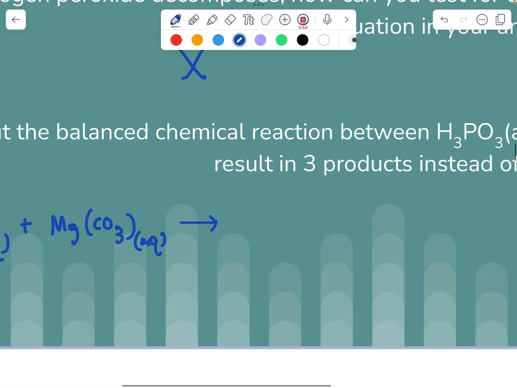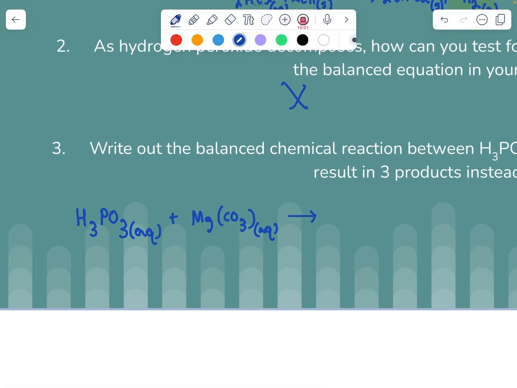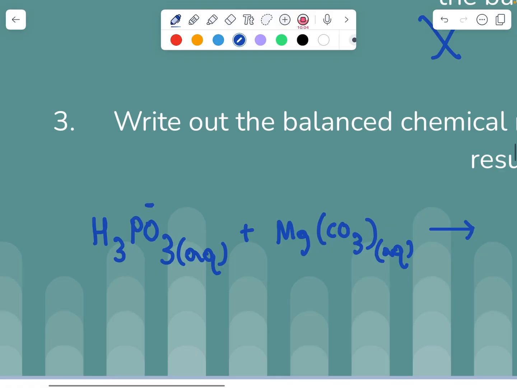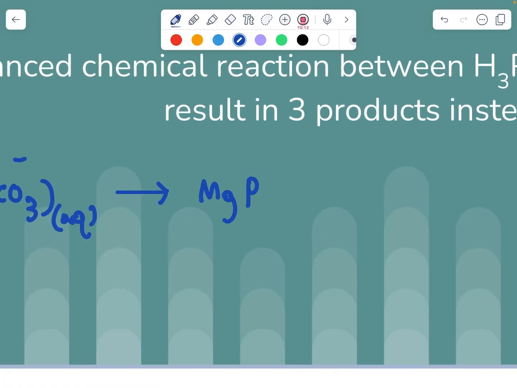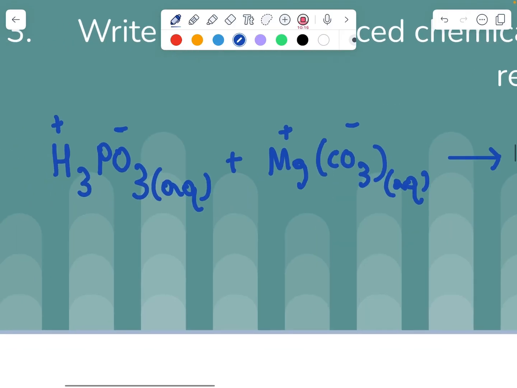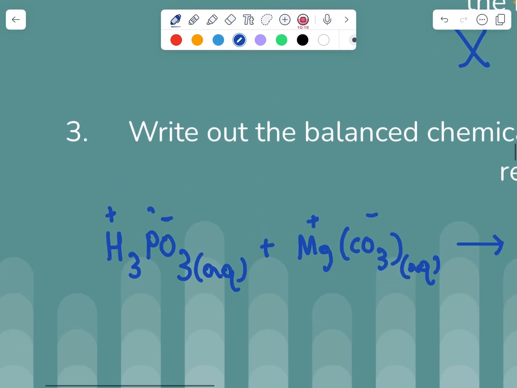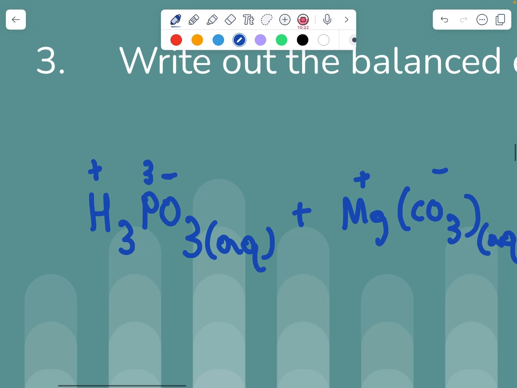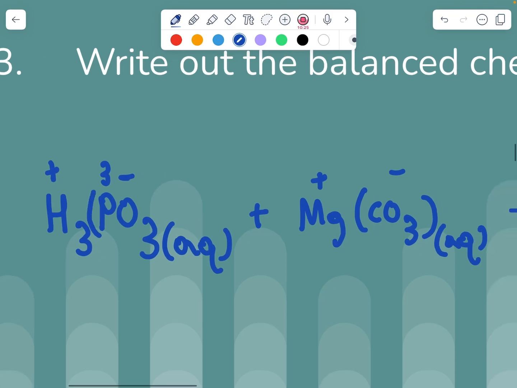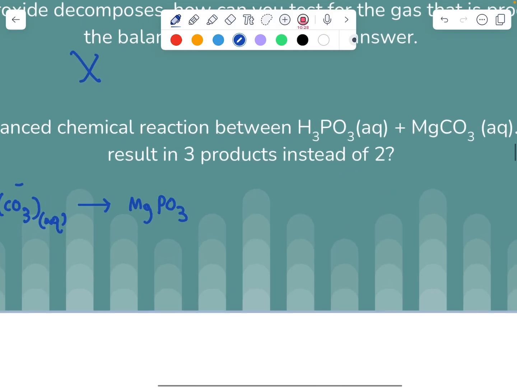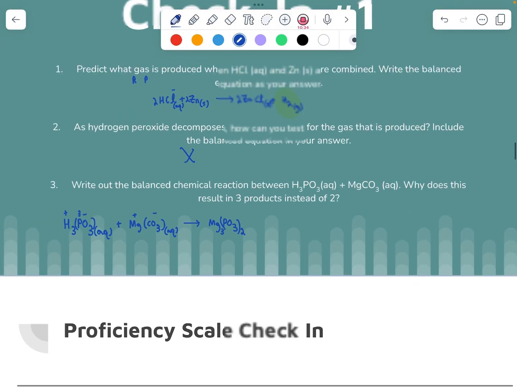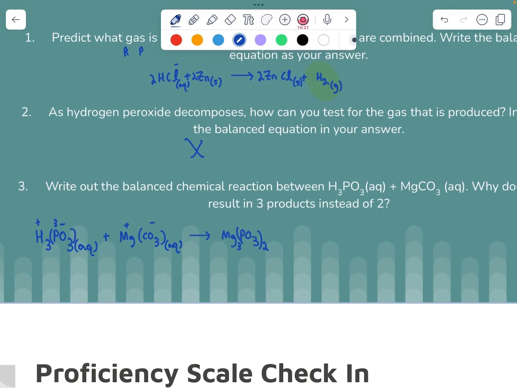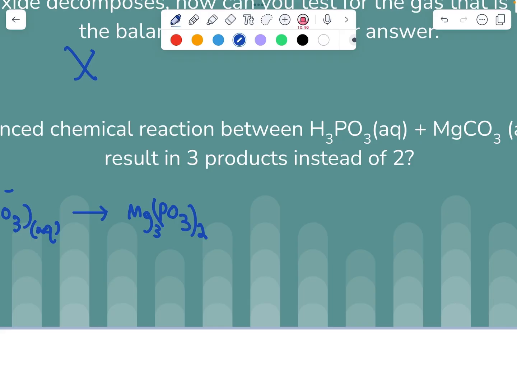Okay, so we know that the anions have to bond with the cations, and the cations have to bond with the anions. So we know that this magnesium is going to bond to this phosphate. So phosphate has a charge of 3 negative, because hydrogen has a charge of +1, and there's 3 of them, and there's only 1 of this phosphate group. So then we're going to know that this has 3 and this has 2, because our magnesium has a charge of +2, and so the least common multiple is 6, and this is going to be aqueous.